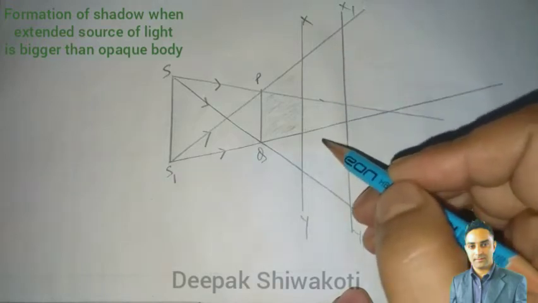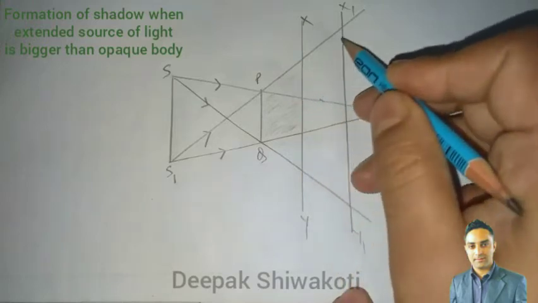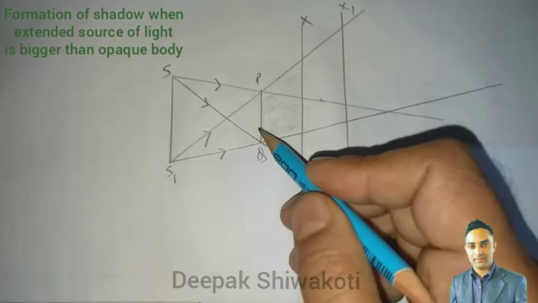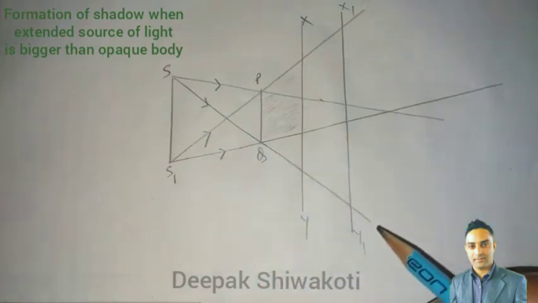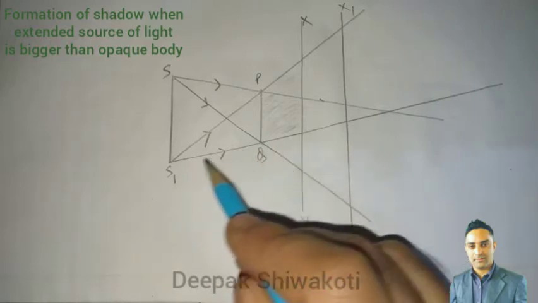So it will decrease in this manner and penumbra will increase in this manner when the source of light is bigger than the opaque body. So like this we have to draw the diagram. We should not bend the lines, it should be straight.